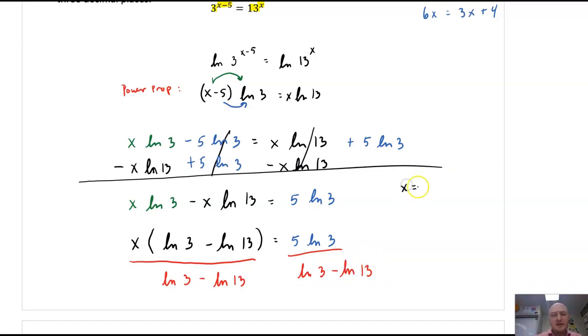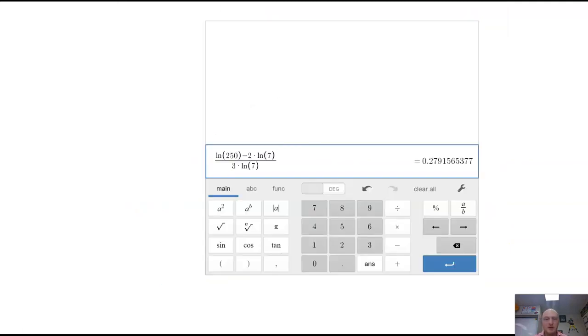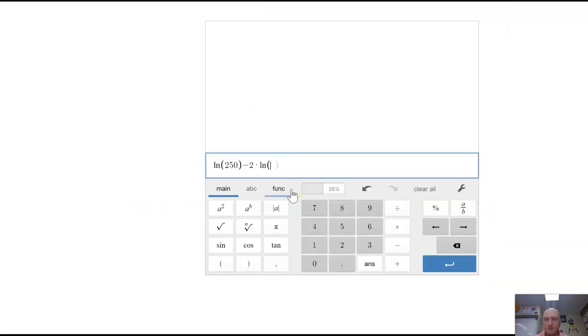And we get our solution. x is equal to 5 natural log of 3 divided by the natural log of 3 minus the natural log of 13. There's your exact solution. Now we need to go ahead and compute the approximate solution.